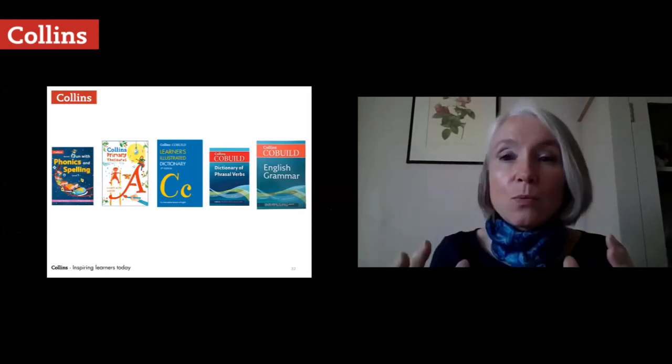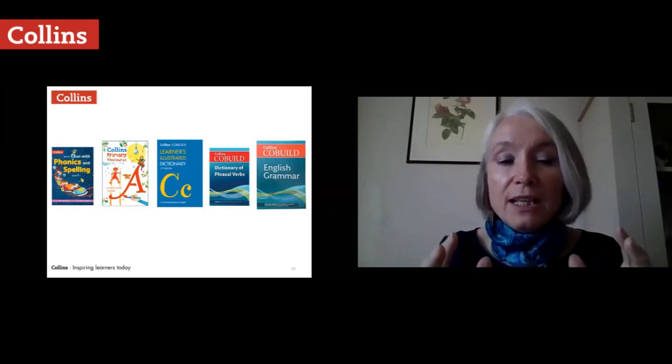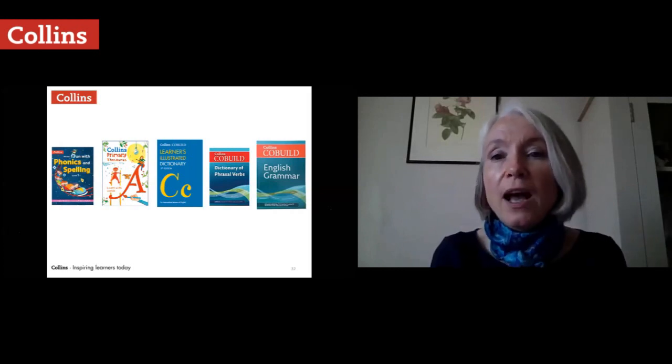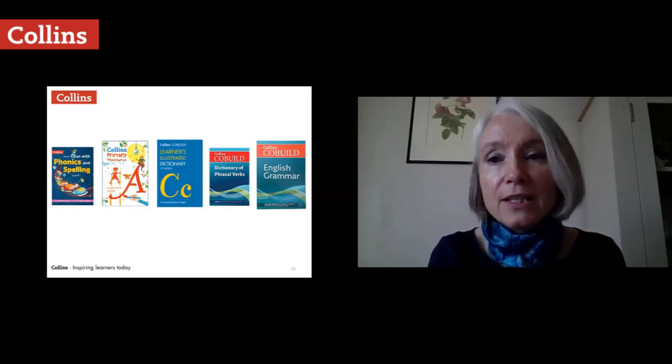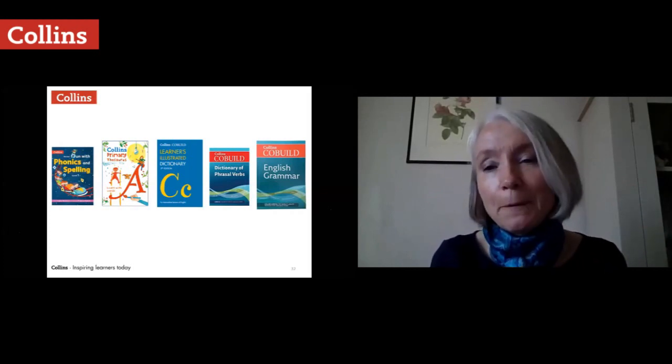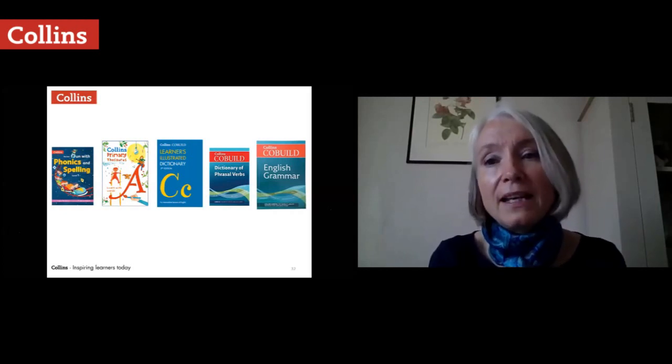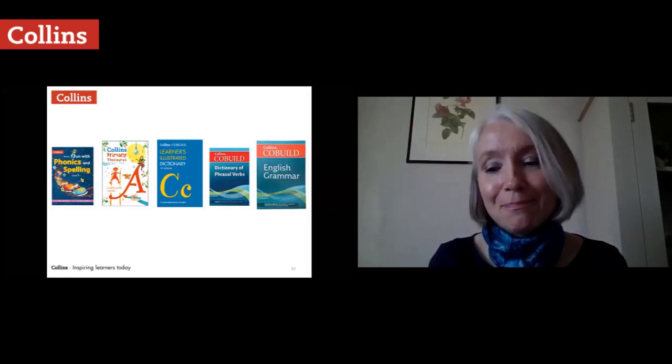And the best way to help everybody develop a really strong understanding of the subtleties of English and how vocabulary is used is through reading. So it's a really, really valuable thing for our students to do at all levels, at all ages.